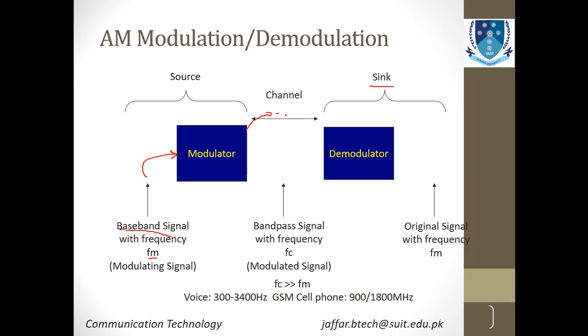At the receiving end the signal is demodulated by giving the same carrier frequency as input, which is superimposed on the incoming signal, and you get the original signal with the actual frequency fm. You get this kind of modulation and demodulation in amplitude modulation or in any other modulation.